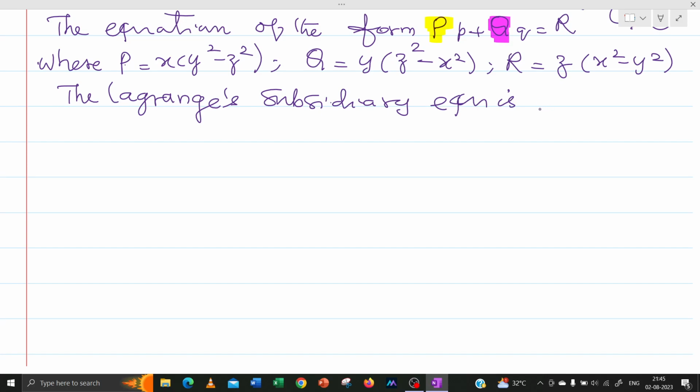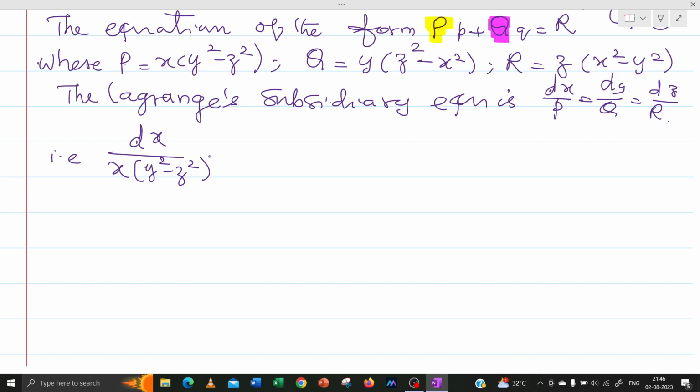The subsidiary equation is dx by P equal to dy by Q equal to dz by R. Substituting P, Q, R here, you will get dx by x into y square minus z square, equal to dy divided by y into z square minus x square, equal to dz divided by z into x square minus y square.